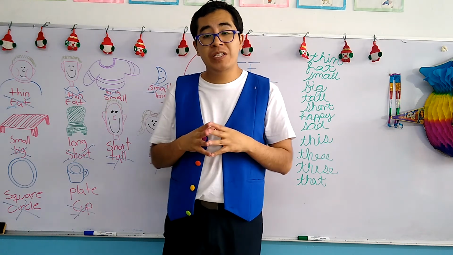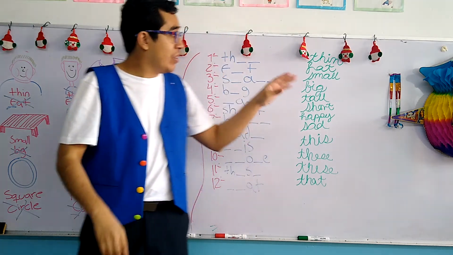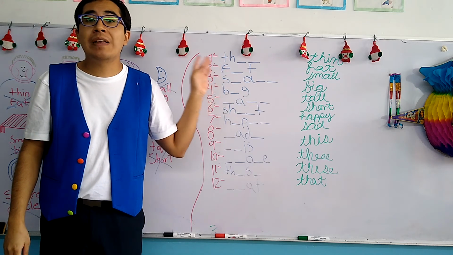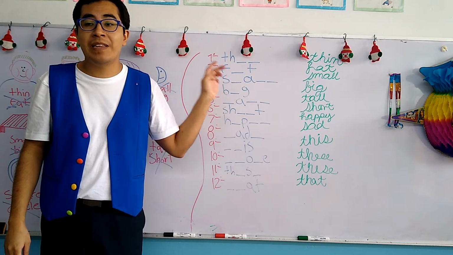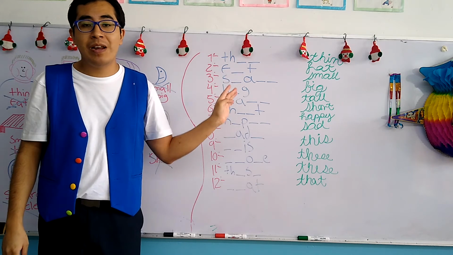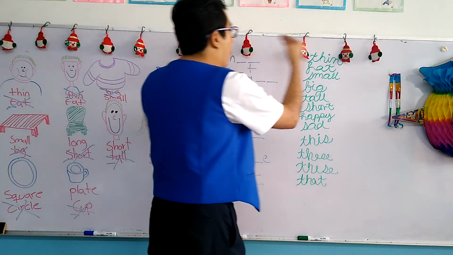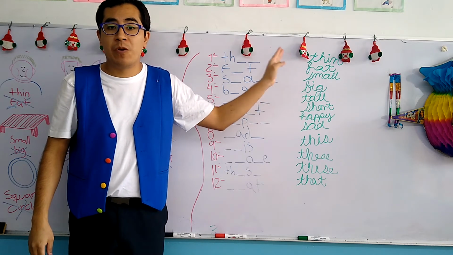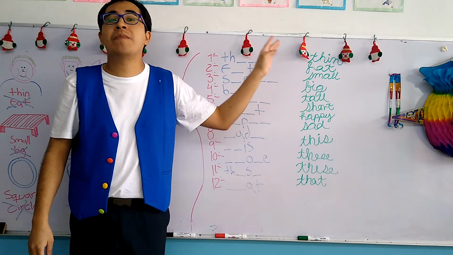For this activity, my children, as you can see here, we have words that are incomplete. They are missing letters, hacen falta letras, okay? They are missing letters, and on the right side, del lado derecho, we have the complete words, but in cursive letter.